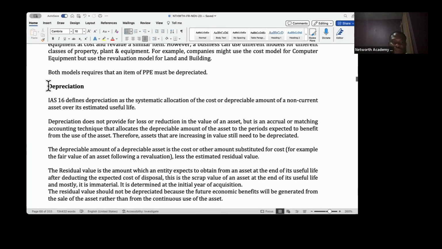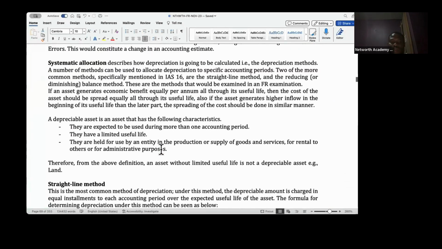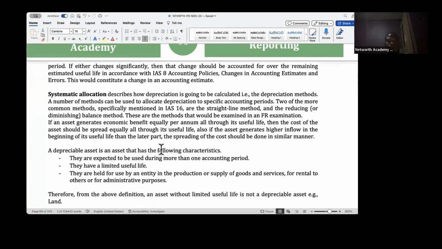Still on the definition of PPE, the last one is systematic allocation. So for systematic allocation, majorly we'll be talking about method of depreciation.